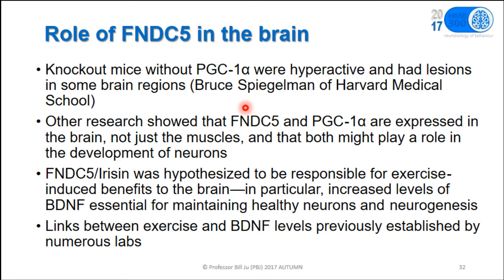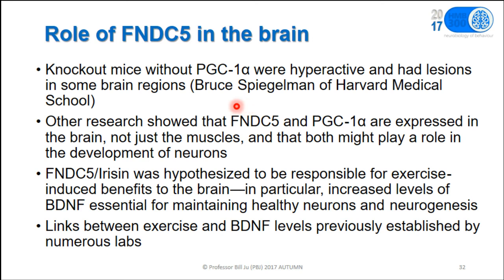One of the reasons why this is important is that both FNDC5 and PGC1 alpha are interlinked. I'm going to go through that pathway in a few moments. And it's not just that PGC1 alpha and FNDC5 are co-expressed in muscle; these are also expressed within the brain.